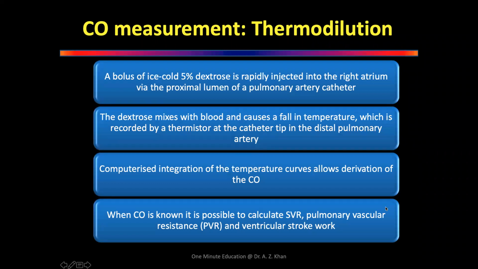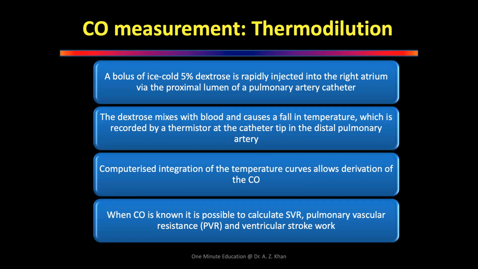So when you float a Swan Ganz, you actually inject saline, a cold saline or 5% dextrose. You inject, and there is a reading of the temperature before, and then there's a reading of the temperature as the cold saline passes into the PA. And the difference in the temperature reading gives you how well the ventricle is contracting.